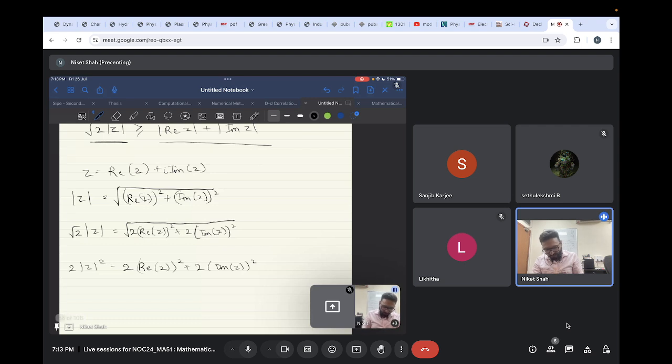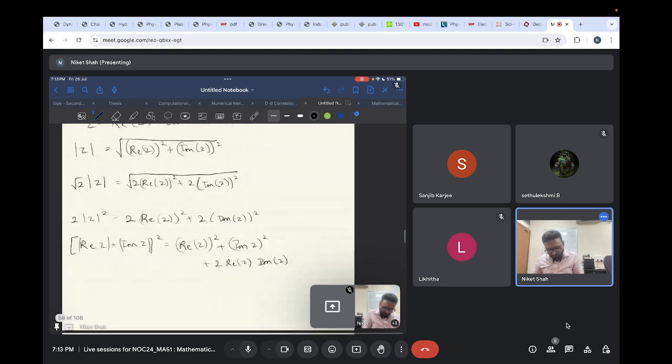Upon squaring the right hand side, what I get is real z plus imaginary z the whole square, which equals real z square. Let's keep mod here, but after squaring it does not really matter; the mod goes away. Plus imaginary part of z the whole square plus 2 real part of z into imaginary part of z. That's what I end up getting. Here mod will matter, so I keep a modulus here.